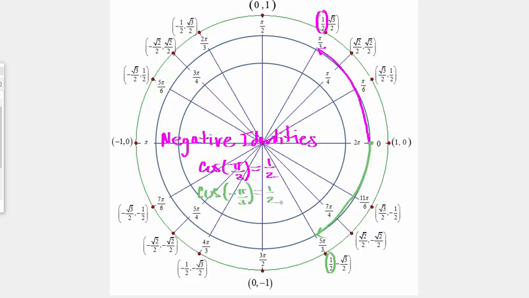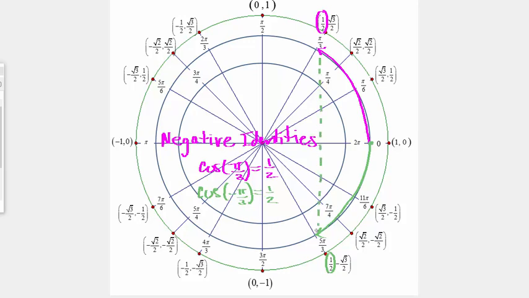is also 1/2. Now, this hopefully makes sense given all the symmetry we've been understanding about this unit circle. In fact, you can draw the line of symmetry straight from the top point down to the bottom one.